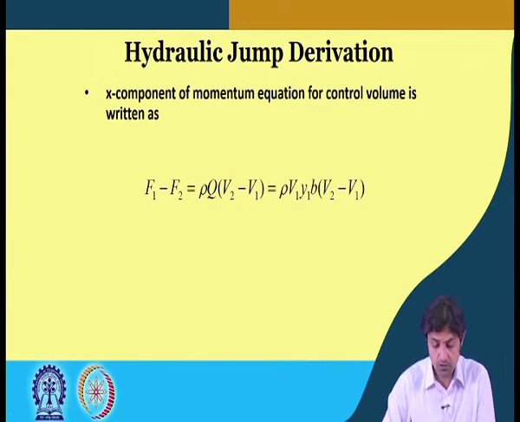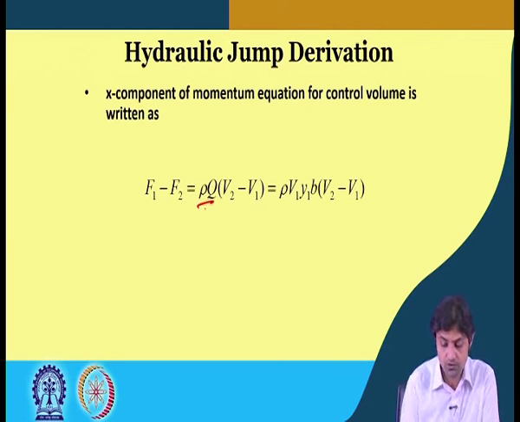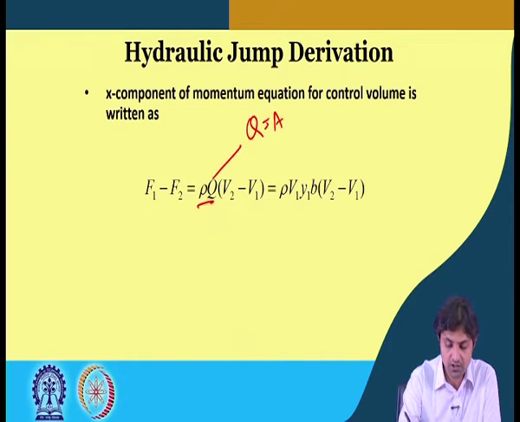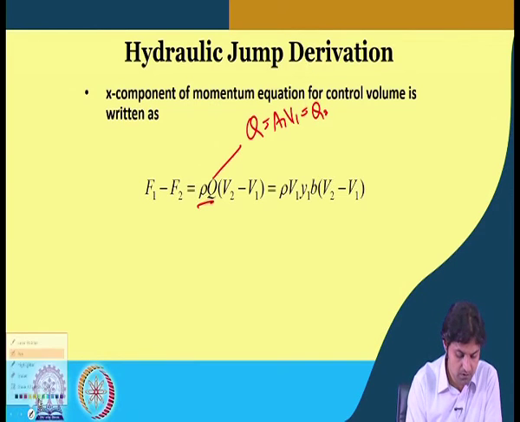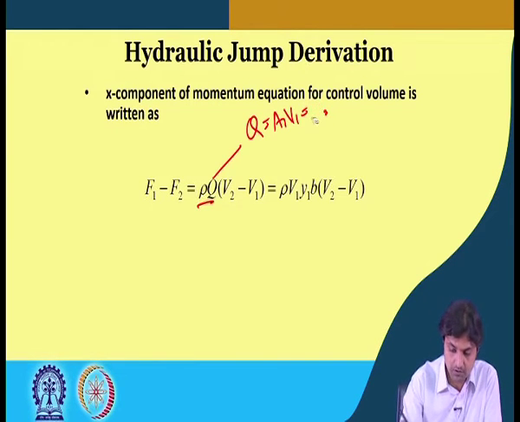So, now rho Q. Q can be written as A1 V1 is equal to A2 V2.